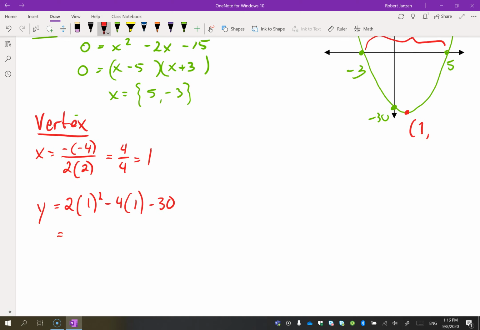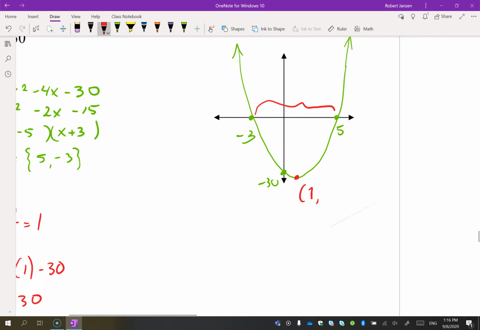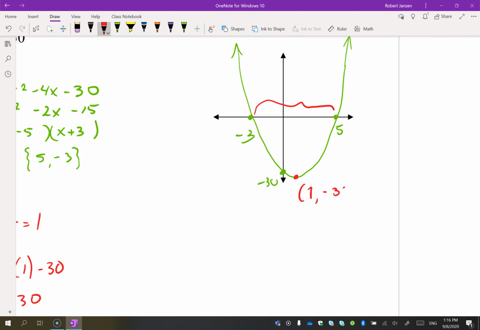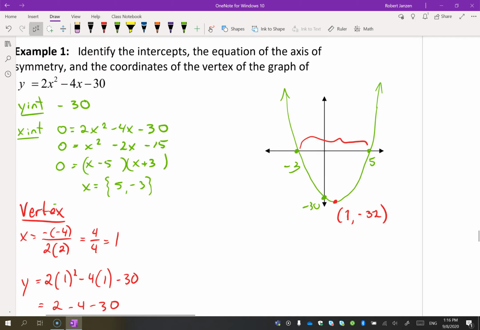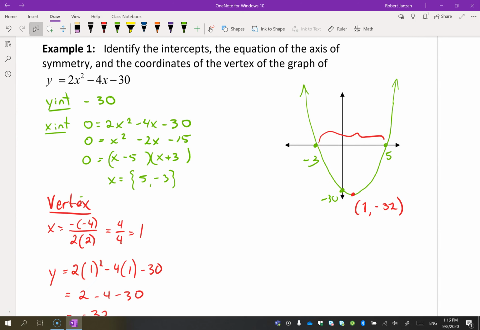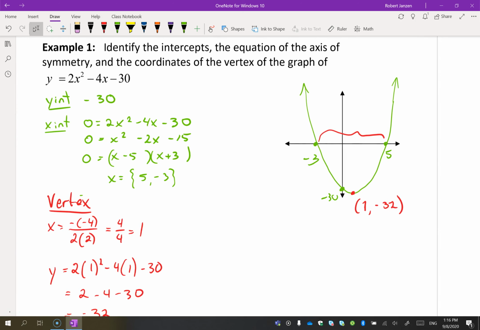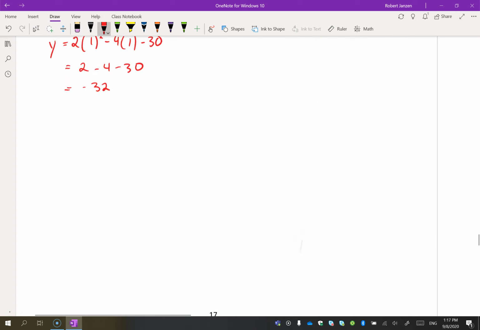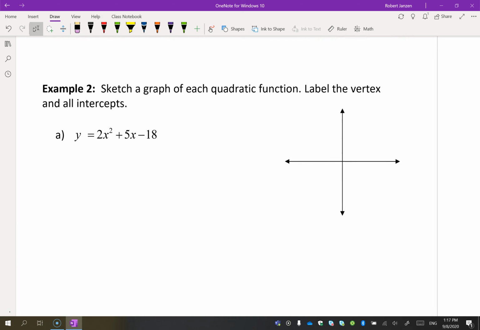And so you would get 2 minus 4 minus 30 is negative 32. And so we'll put negative 32 here. So that's how you find the vertex when you have it in this form. Okay? Equation of the axis of symmetry, x equals 1. Okay. Let's try another one.